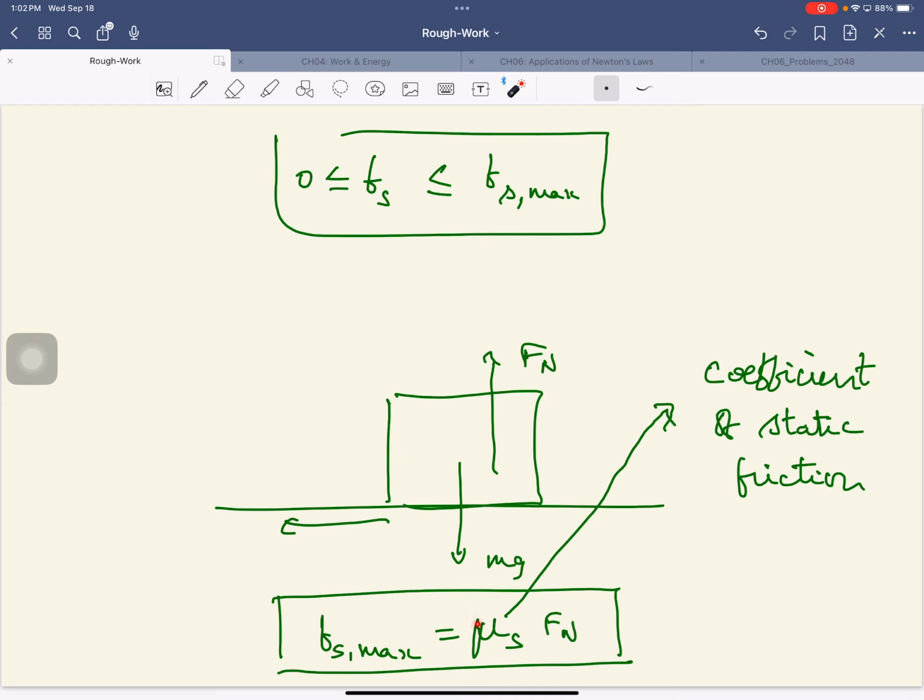What are the dimensions of this mu s? What are the units for mu s? This is a force, and that is a force, so this is dimensionless. It's just a number. What are the values this number can take?